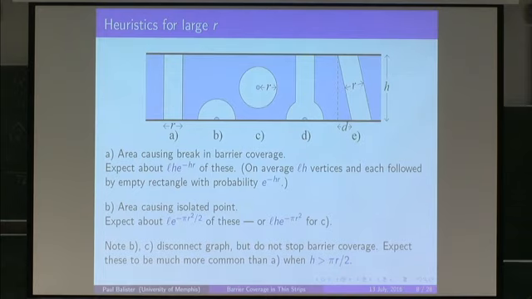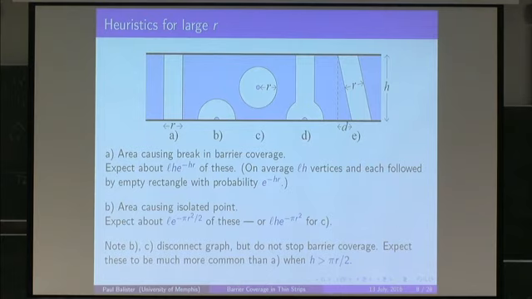However, if H is more than about pi r over 2, you'll notice that C in particular will be a lot more common than A. So the graph becomes disconnected long before it matters. You get lots of these tiny little components, but they're not a worry for us because they're not allowing an intruder to get across the strip.